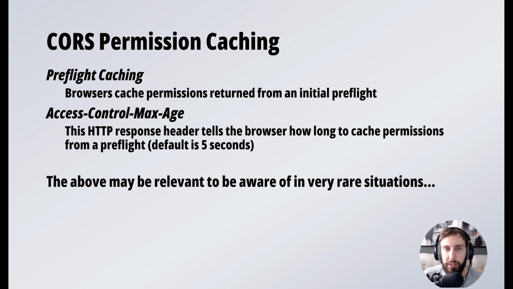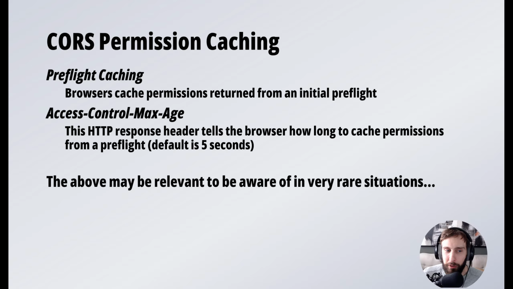And this is largely a mechanism, as with any mechanism, to avoid sending unnecessary traffic. So it improves the speed of client-side applications, reduces the load of browsers, that sort of thing. It might be relevant in very rare security-related situations. I've at least had one scenario where we had to dive into how this mechanism worked.